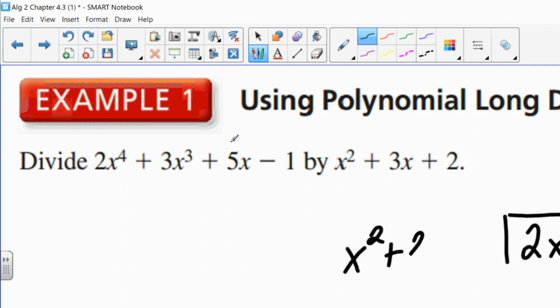So outside is x squared, 3x plus 2. We have them all. Any questions on this here so far? Okay. To start off with, we're looking at what times x squared will give me 2x to the 4th.